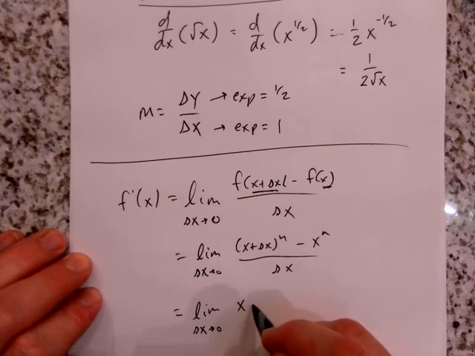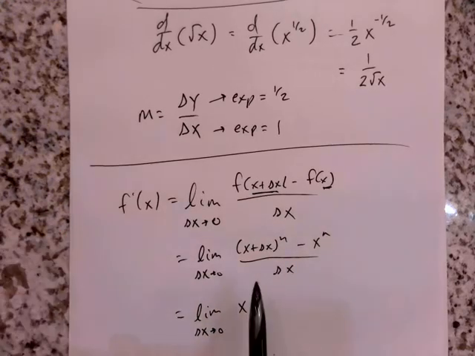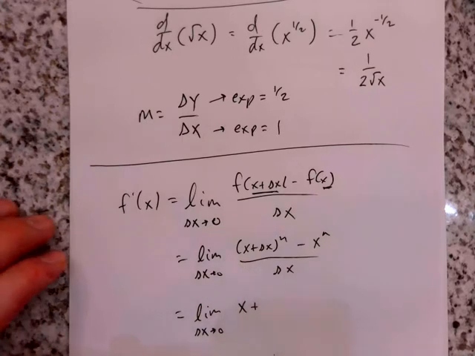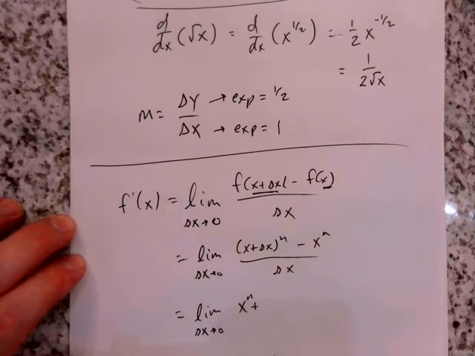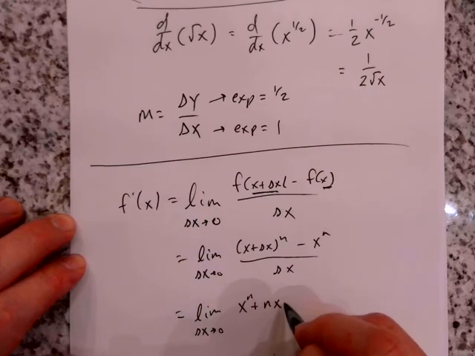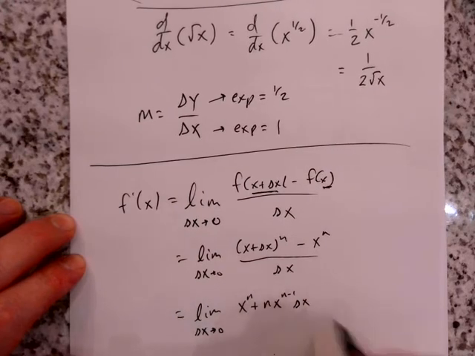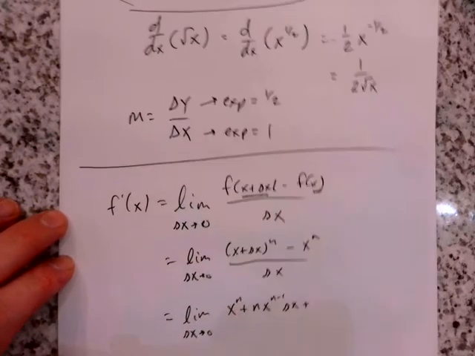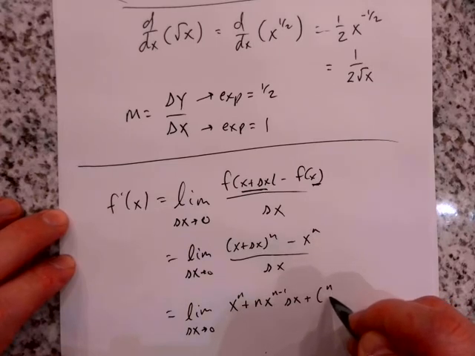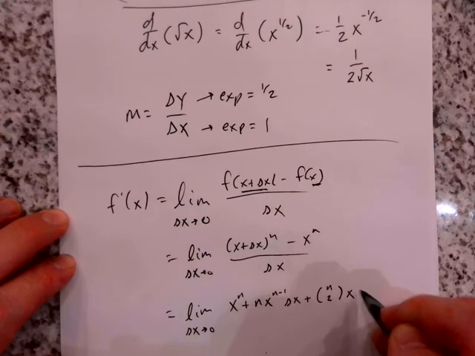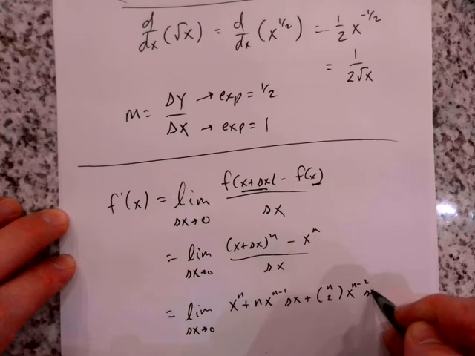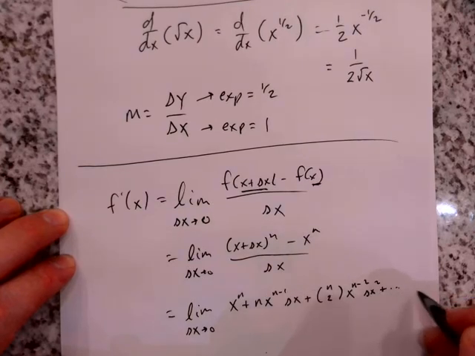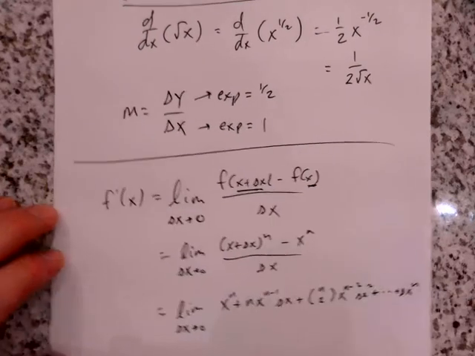But all that we really care about for the proof is that if we were to expand x plus delta x to the n power, it would give us x to the n plus n times x to the n minus 1 delta x plus another term, which is n choose 2 x to the n minus 2 delta x squared plus dot dot dot all the way to delta x to the n power.